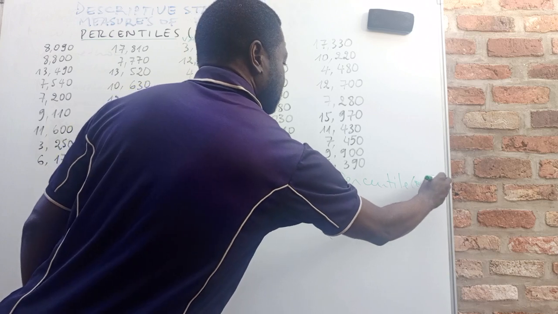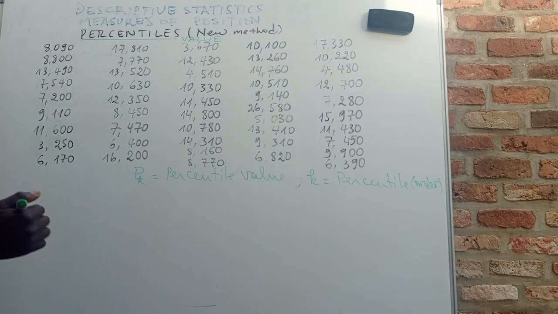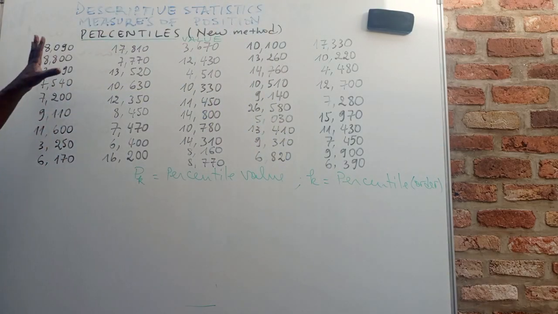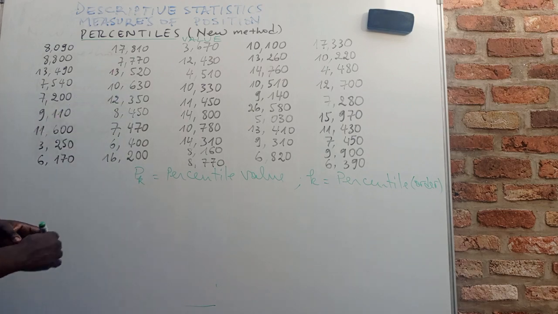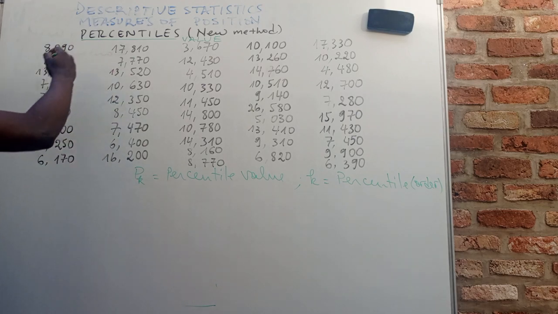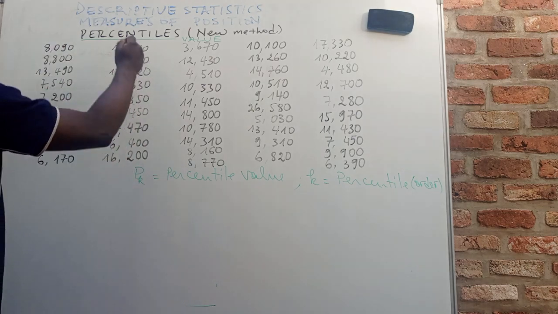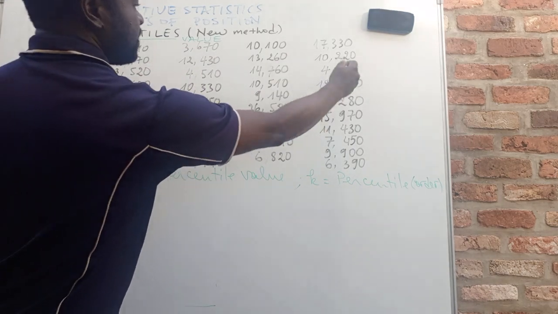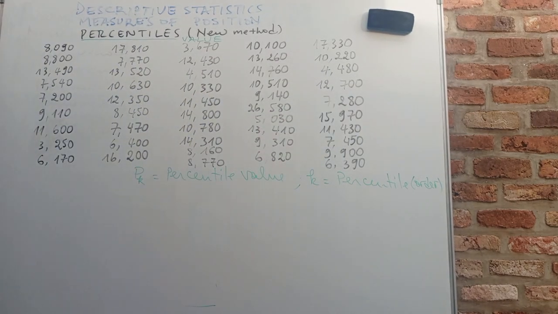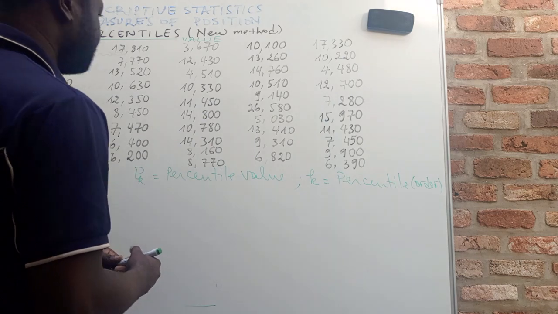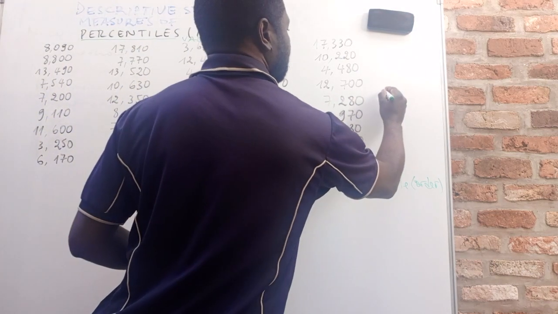Suppose you have a univariate distribution like this. We have 10 values, 10 repeated 5 times, so 50 values.